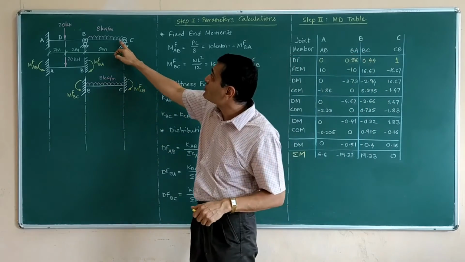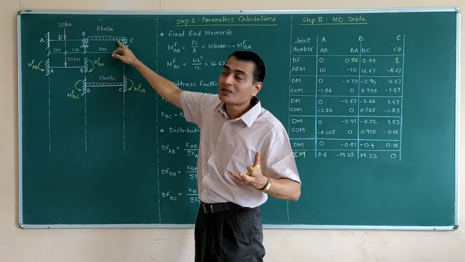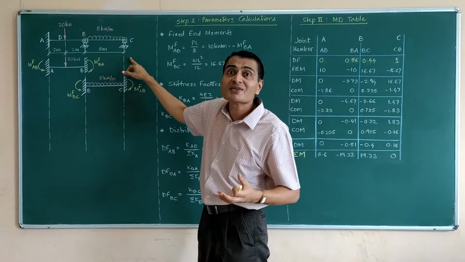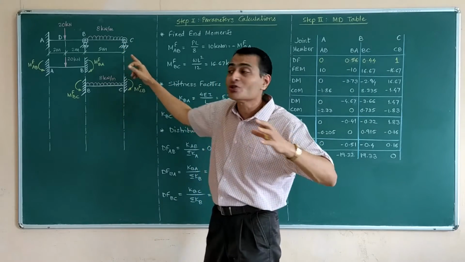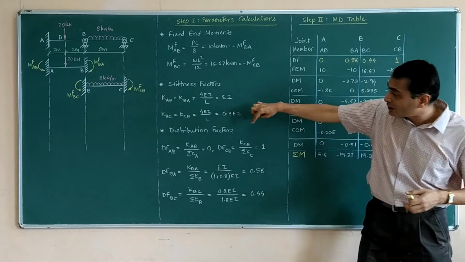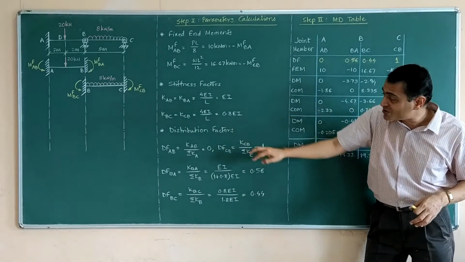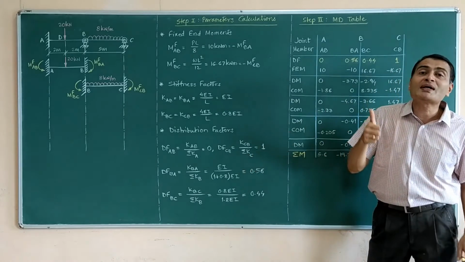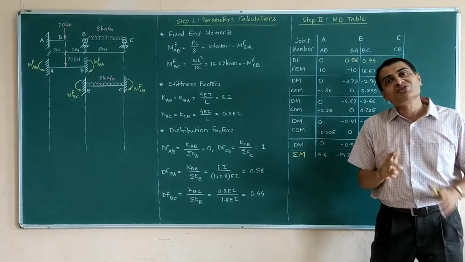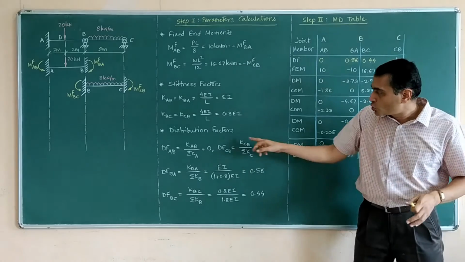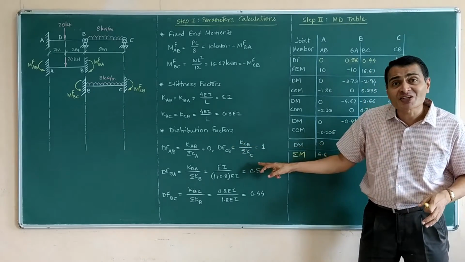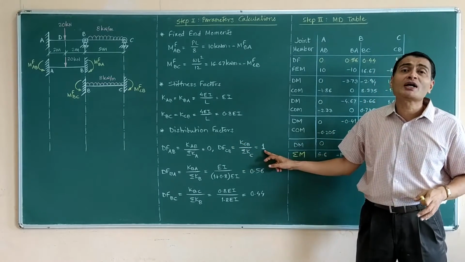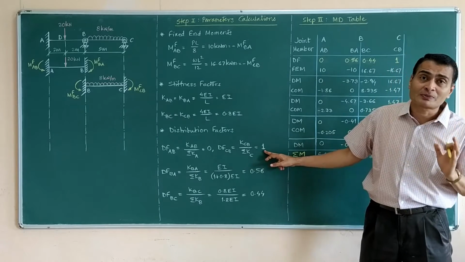So stiffness of CB is K times CB, and the stiffness of this base is 0, its contribution is 0. So what do I get here? K of CB in the numerator as it is, and sigma K at C is going to be K of CB plus 0, meaning K of CB. So numerator and denominator will cancel out, and I am simply going to get 1 as my answer.